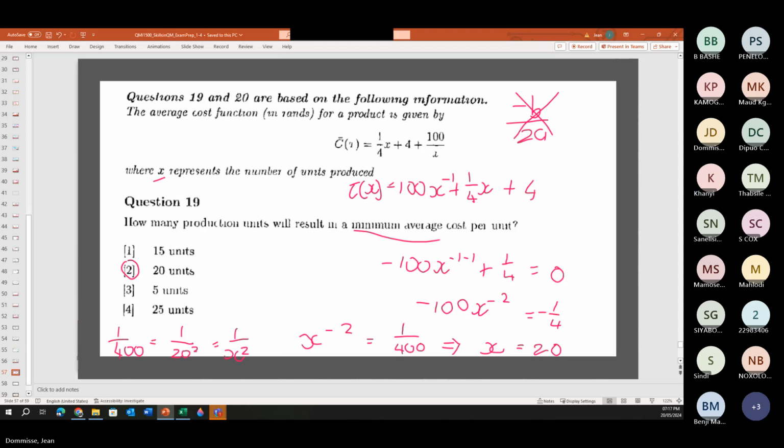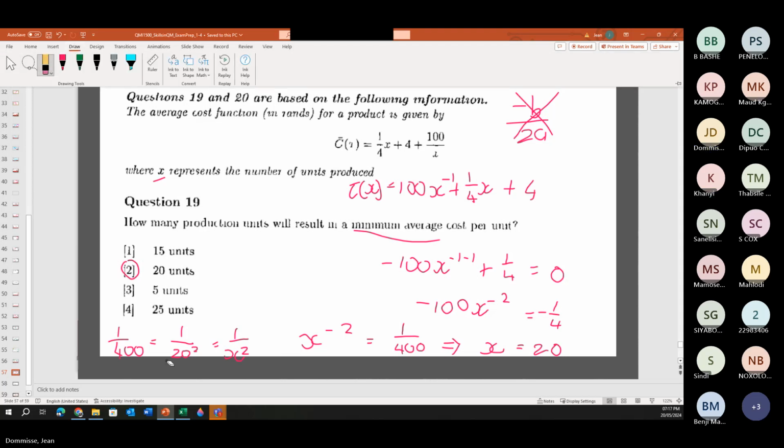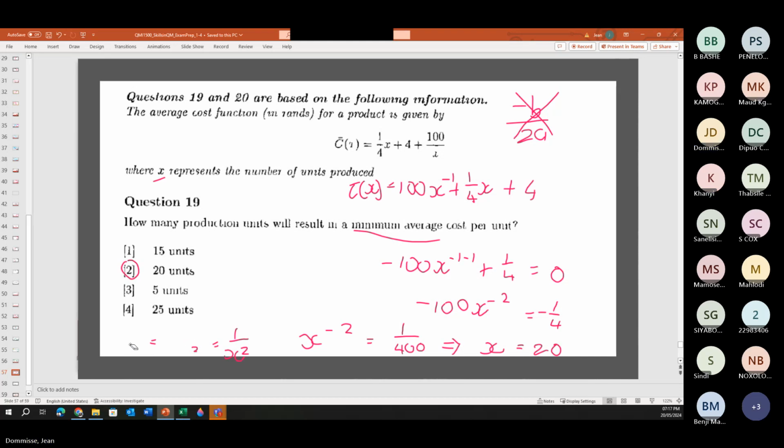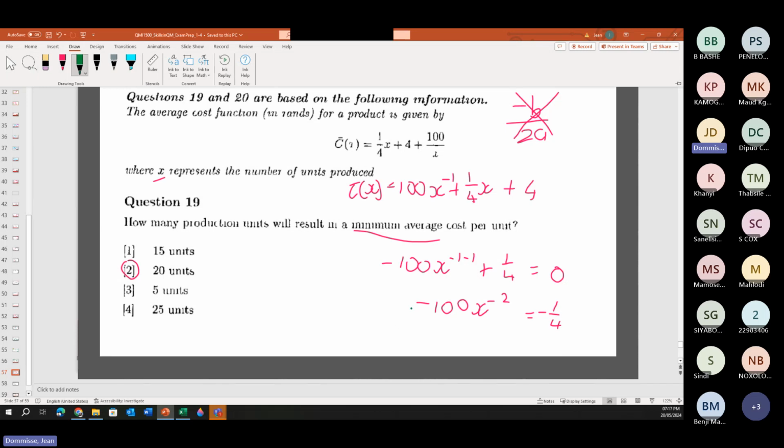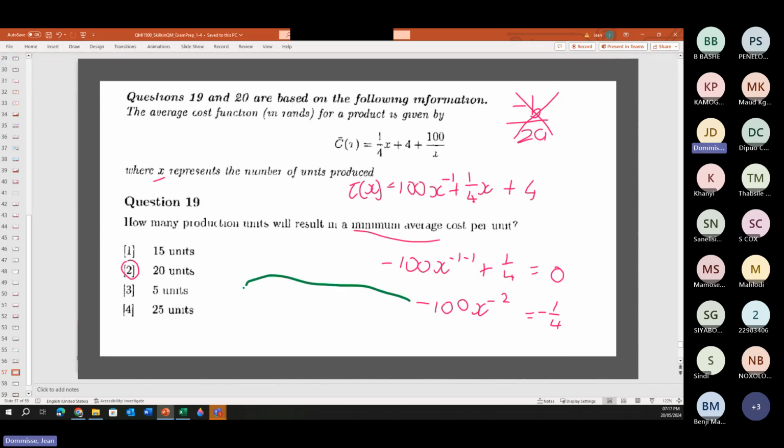So let's quickly do this. Because we're going to divide on both sides with minus 100, x to the power of minus 2 is equal to 1 over 400.